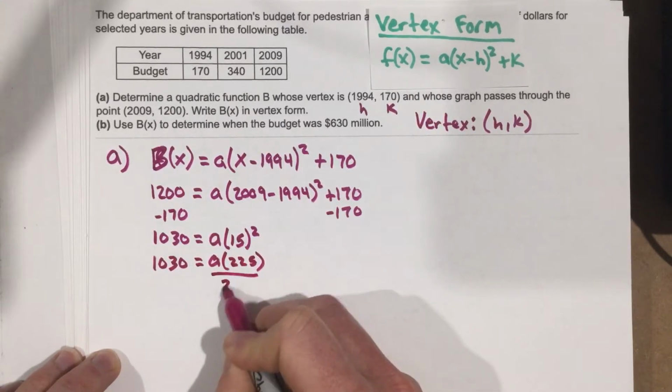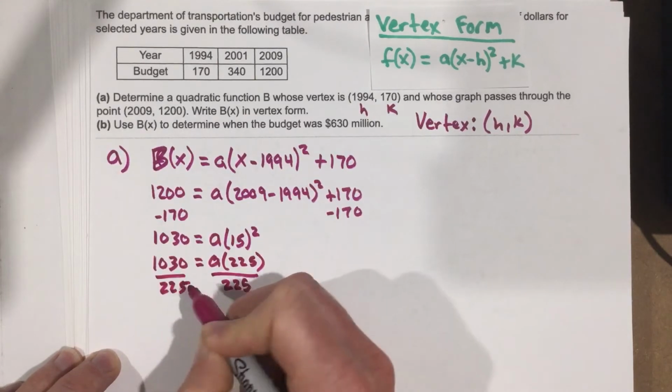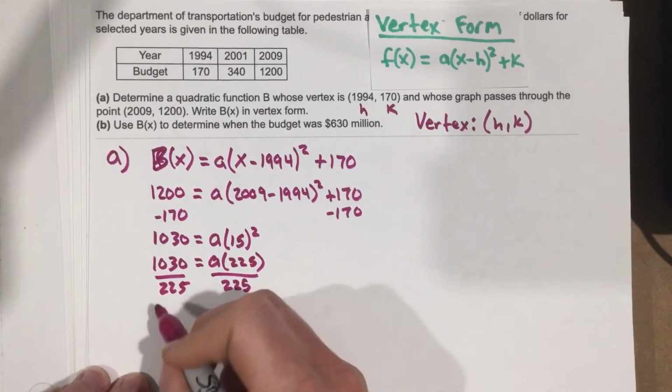Divide the 225 over, and 1030 divided by 225 is 4.577 repeating.